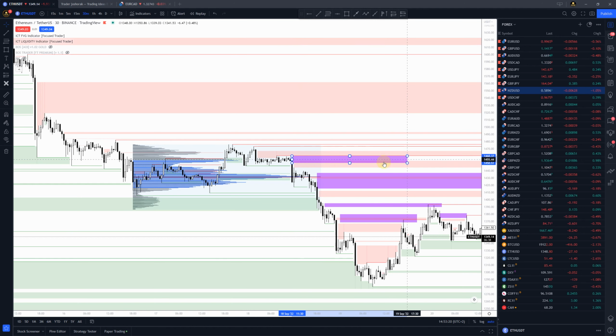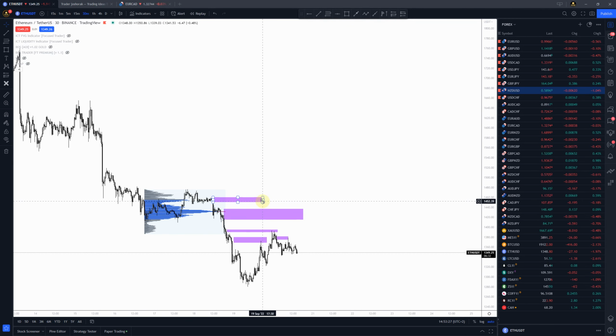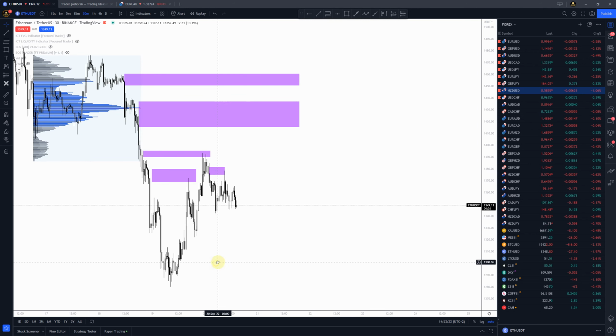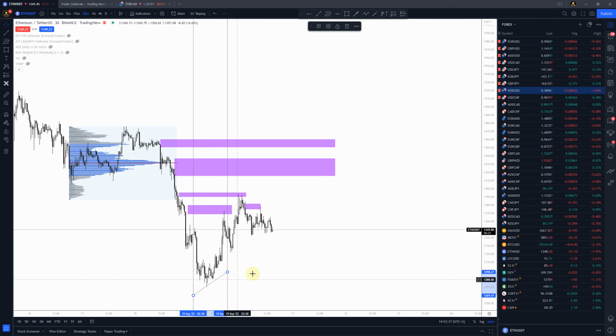So this will be a riskier entry. But again, I can put it there and use a strategy to confirm or neglect the entry.